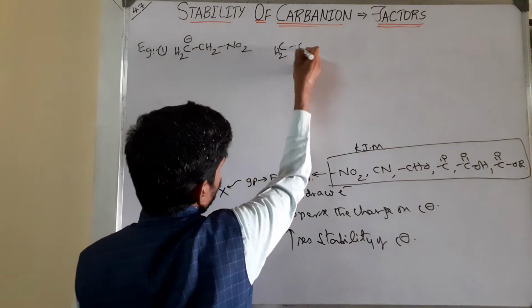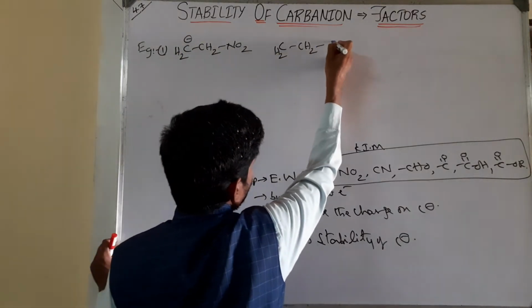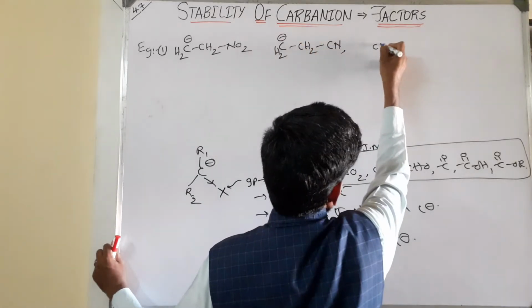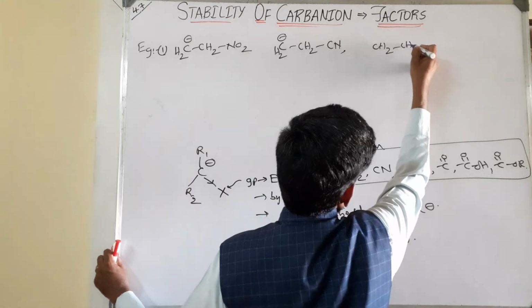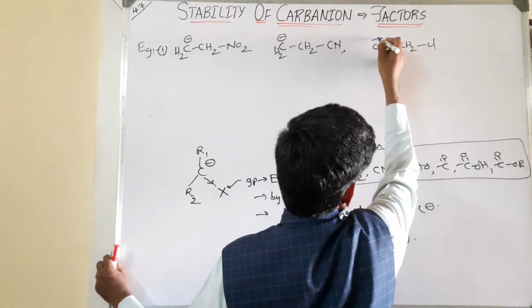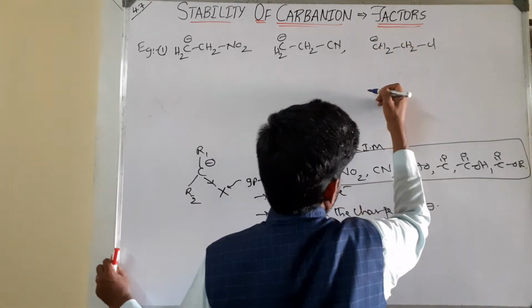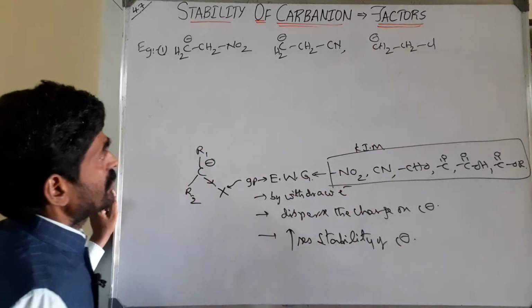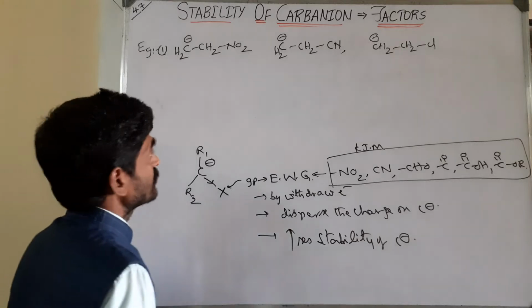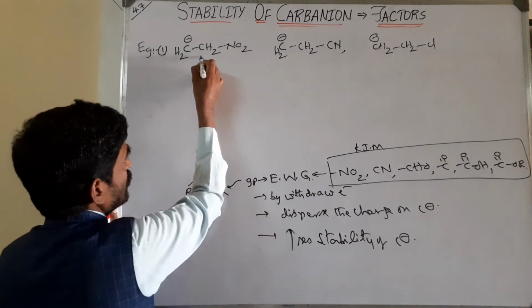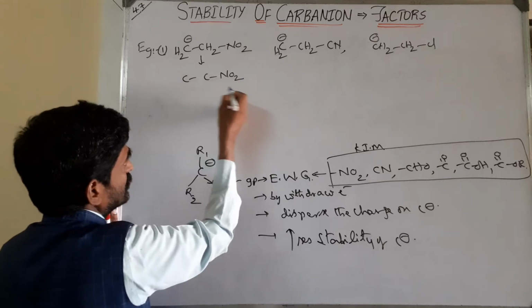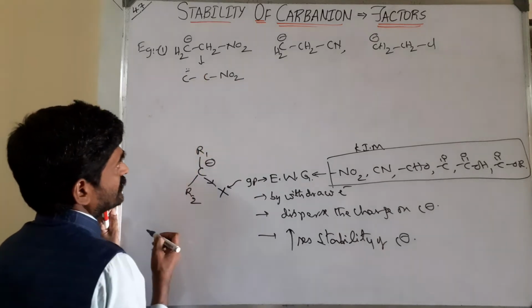Next, CH2 cyanide, that is carbon carrying negative charge, cyanide group. CH2 chlorine, carbon carrying negative charge, right? So what is the increasing order of stability of these carbanions? Here, how many carbons are there? 2 carbons are there. It is the NO2 group carrying negative charge, right?